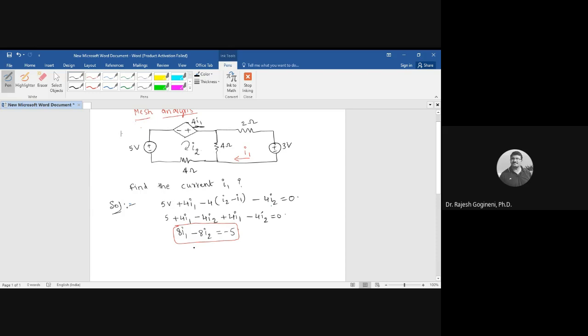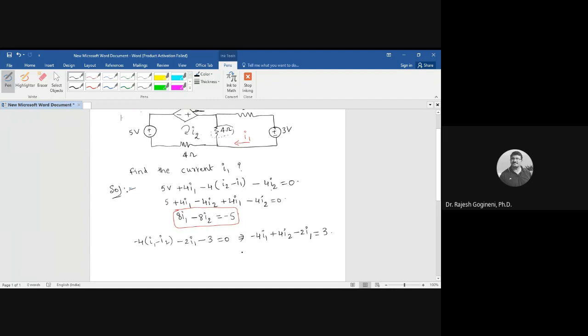Now apply KVL for the second loop. Minus 4 into (I1 minus I2) for this element, next minus 2I1, minus 3 volts equals 0. Simplify: minus 4I1 plus 4I2 minus 2I1 equals 3.